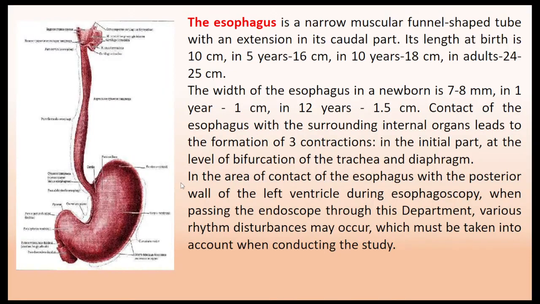In the area of contact of the esophagus with the posterior wall of the left ventricle during esophagoscopy, when passing the endoscope through this department, various rhythm disturbances may occur, which must be taken into account when conducting the study, the procedure.